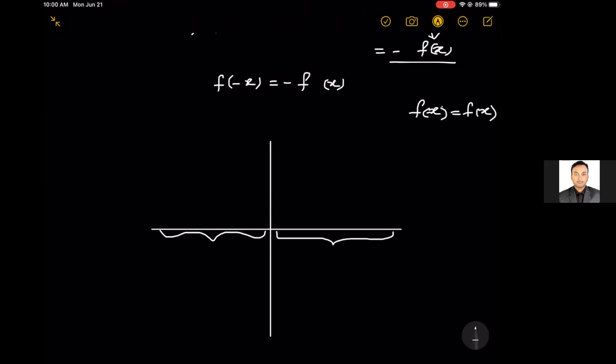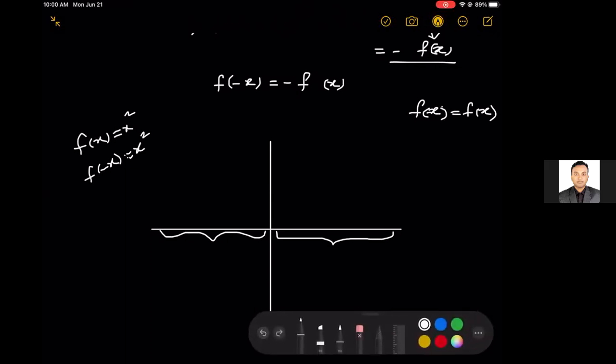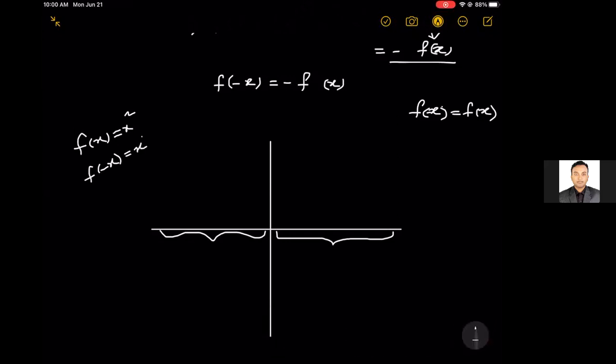So for example, if we just draw this graph, I'm just showing one example of how to exploit this. For negative x, it will also have x squared, right? Sorry, my iPad is creating some problems. Okay.